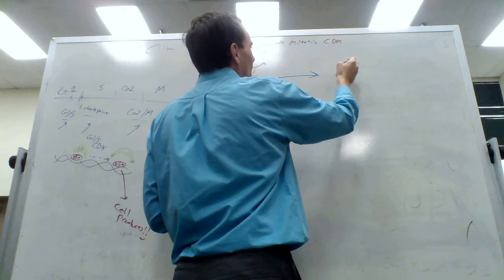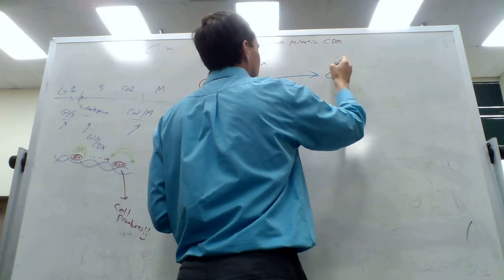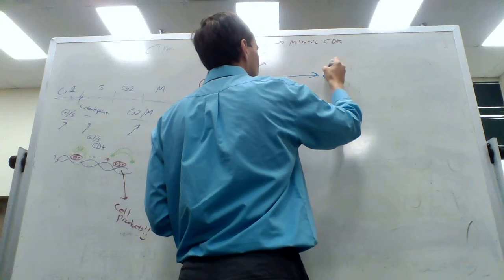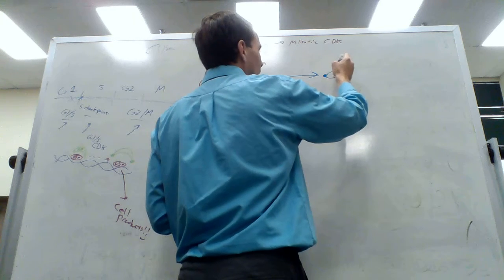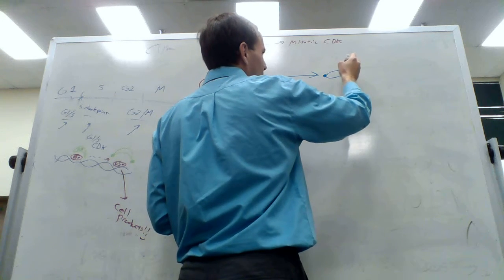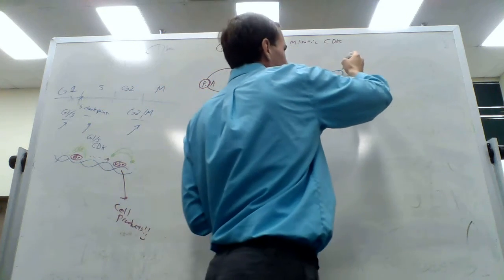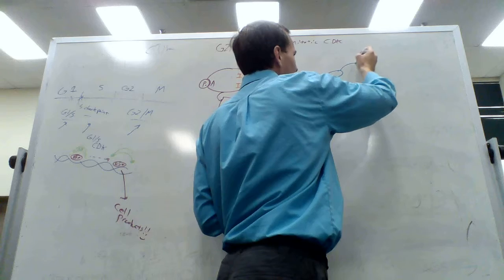So I'm just going to go ahead and show this cyclin-dependent kinase, like so, with its little phosphate on the back here. And this mitotic CDK is going to go ahead and activate 2 more enzymes.